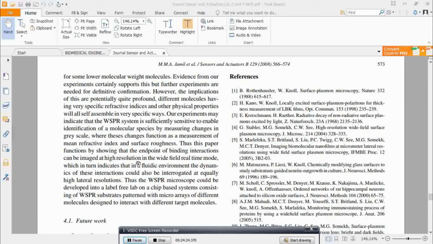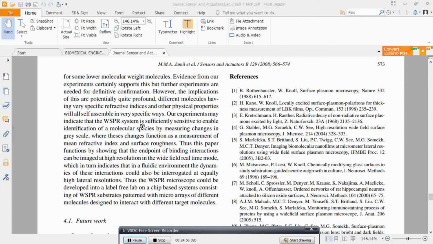That means the layers which have been deposited, as I showed with the orientation of the objective lens. Now from this study, it shows that the surface plasmon system is able to detect the molecular species binding onto the surface.